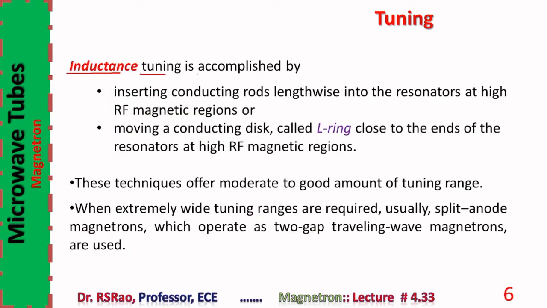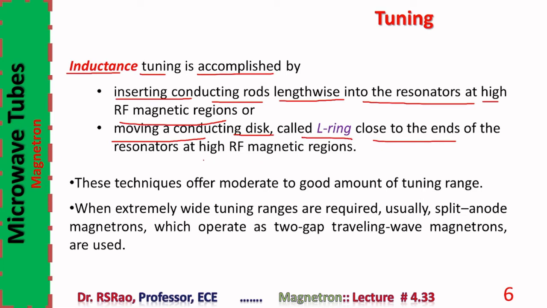Inductance tuning is accomplished by inserting conducting rods lengthwise into the resonators at high RF magnetic regions, or moving a conducting disc called an L ring close to the ends of the resonators at high RF magnetic regions. These techniques offer a moderate to good amount of tuning range.